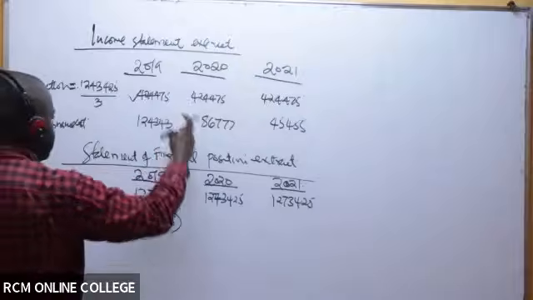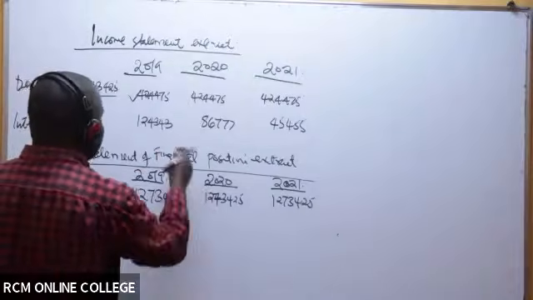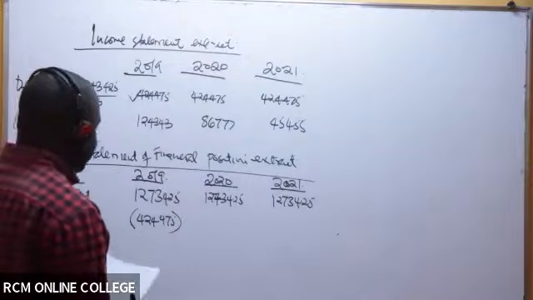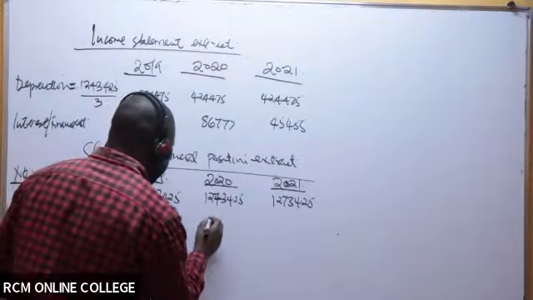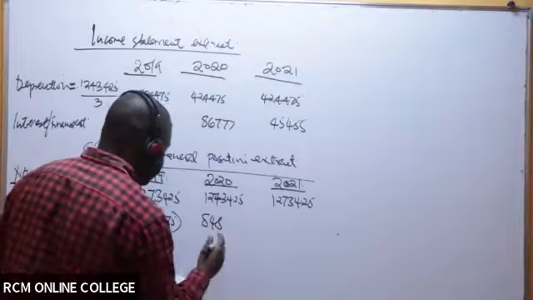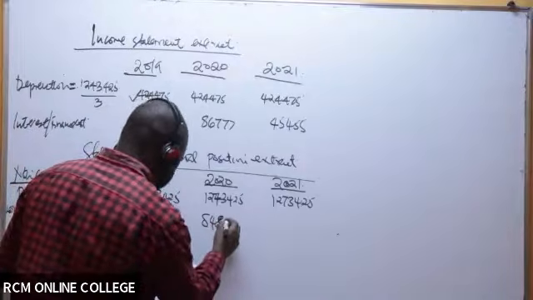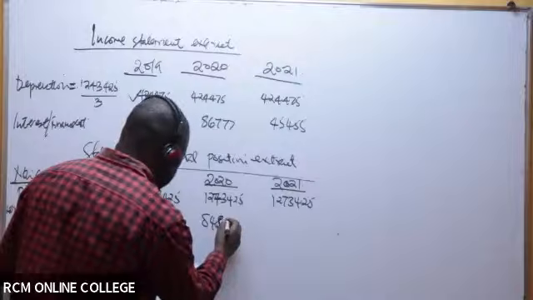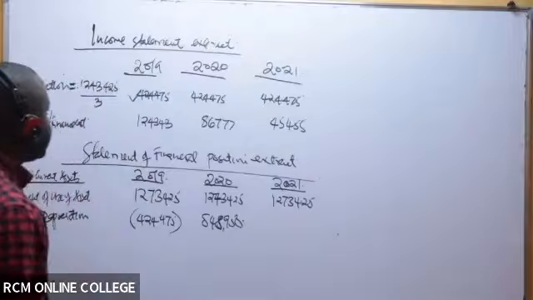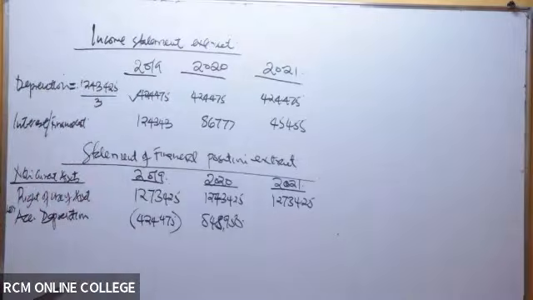But for 2020, the accumulated depreciation is this one plus this one, which gives you 848,950. What do you get when you divide this one?